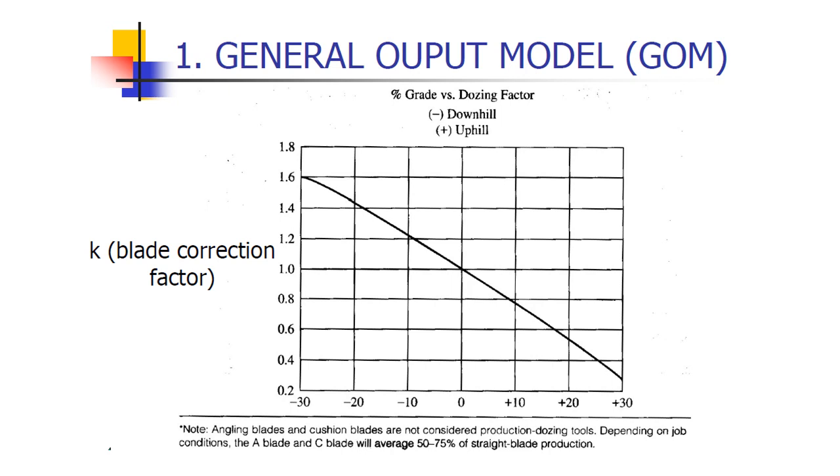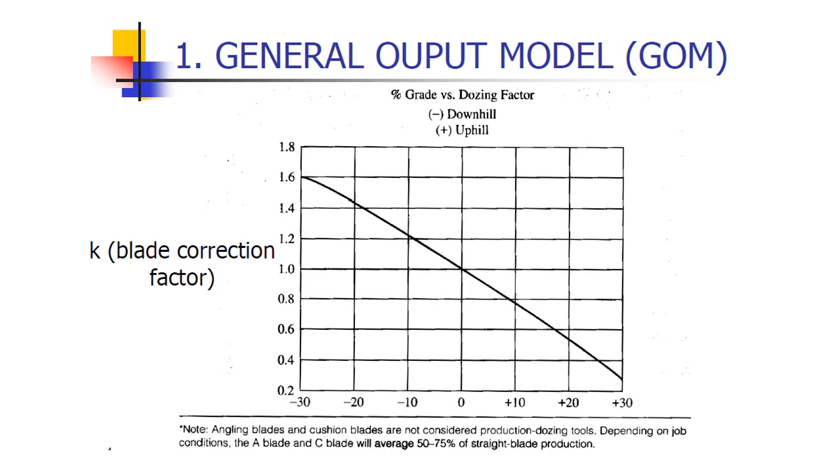The K factor is very interesting in terms of changing. So the capacity that you have calculated for the dozer is based on a leveled grade, a grade of 0. So if you are having a grade of 0, this K will be equal to 1.